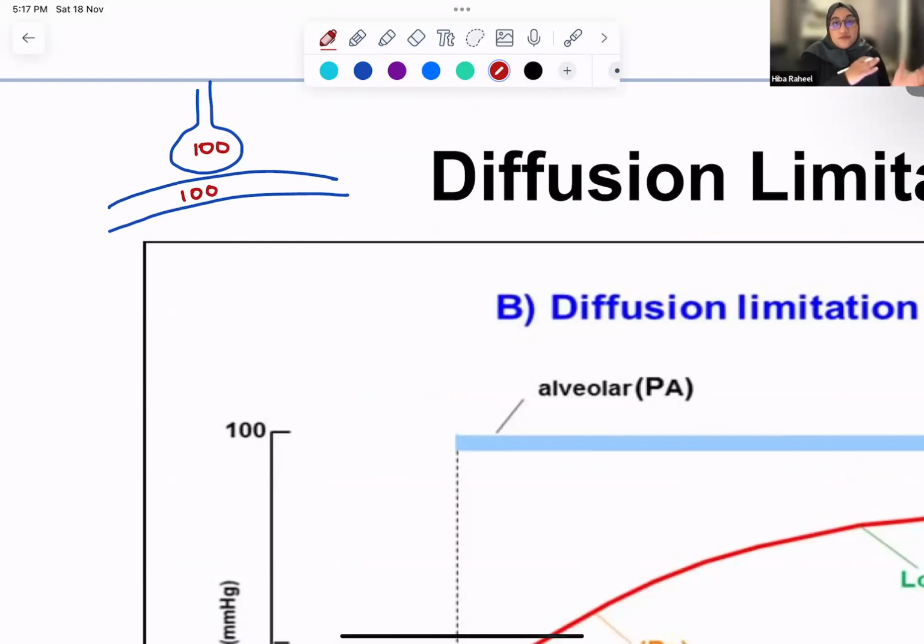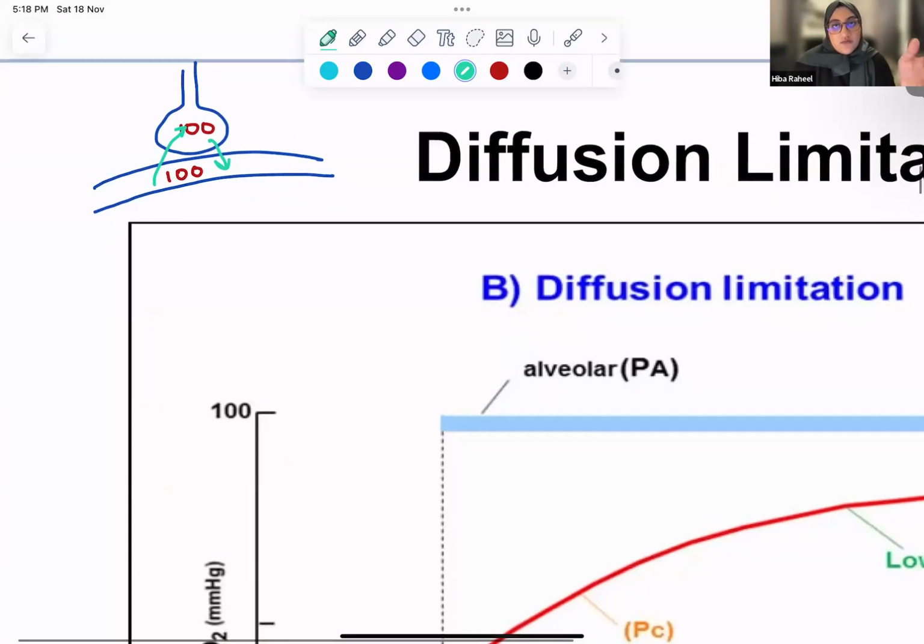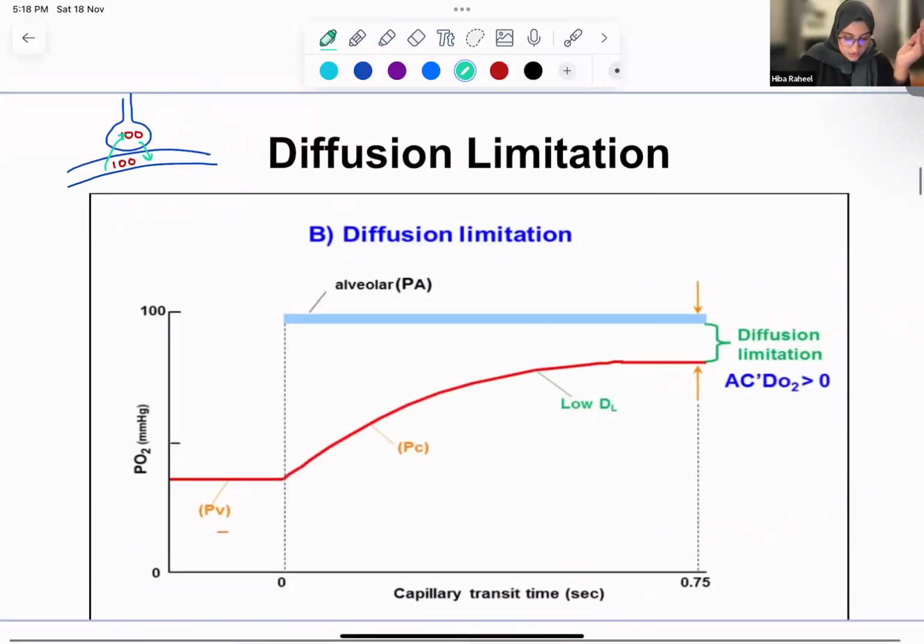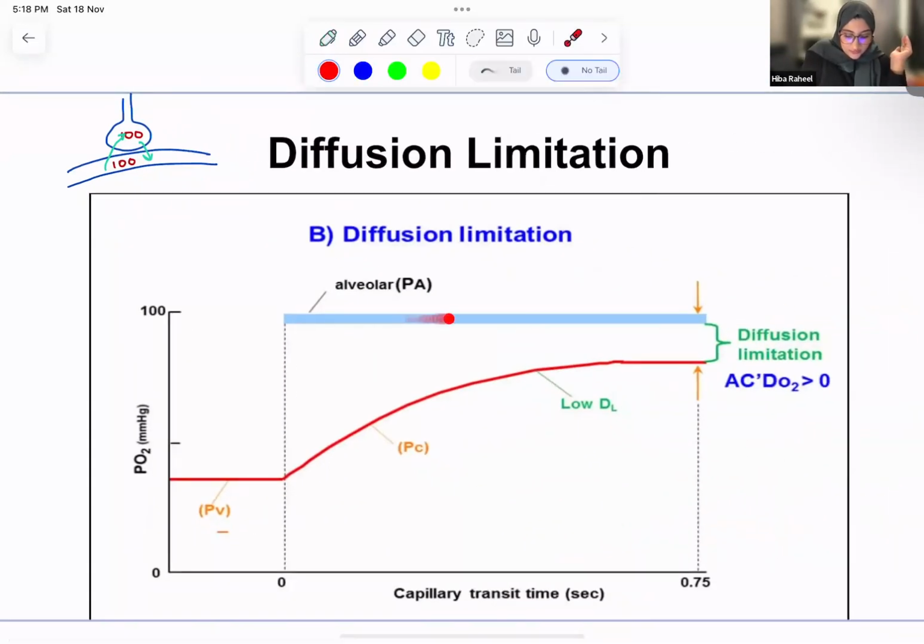When the blood flows through the capillary to the alveoli, carbon dioxide goes into the alveolus and the oxygen comes out, right? So in diffusion limitation, the amount of O2 in the capillary does not reach the level of the alveolar PO2. Here, this is the alveolar PO2 at 100, and this curve shows you the concentration of oxygen.